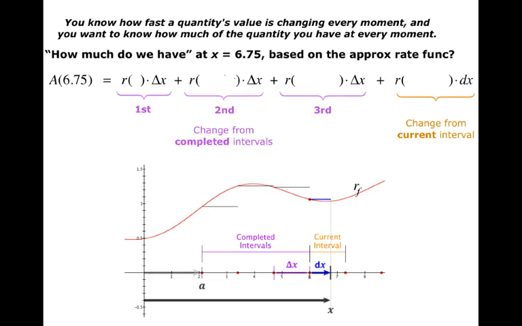Now let's start with the change from the completed intervals. We need to get these x values to get the right rates for each interval, right? So what x value are we going to use to get this rate right here? We want the rate at the beginning of that interval. So that corresponds to x equals a.